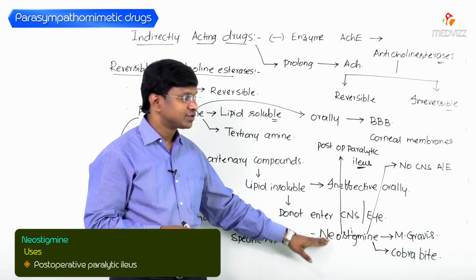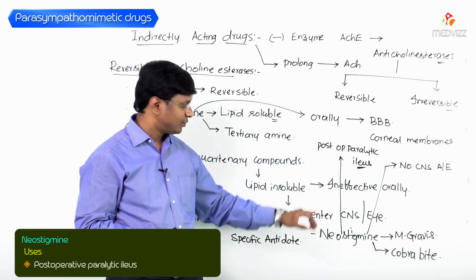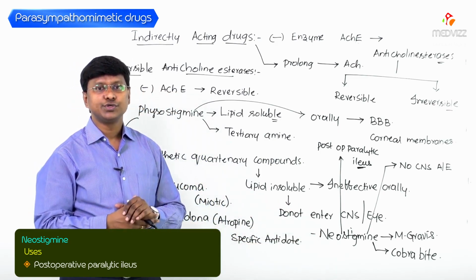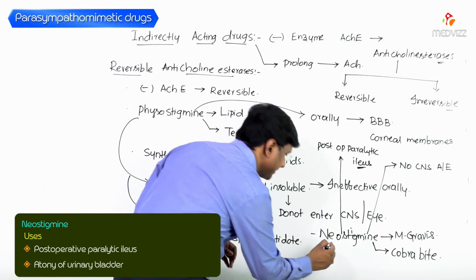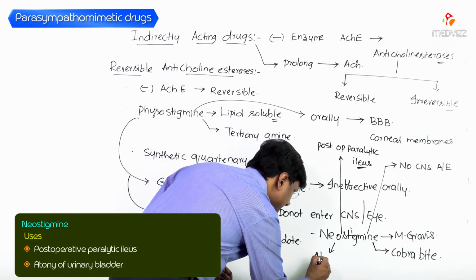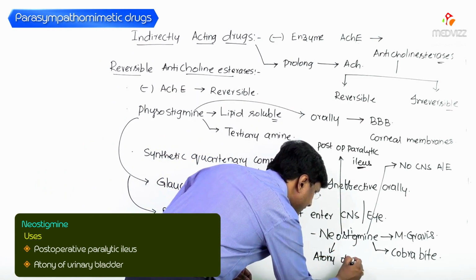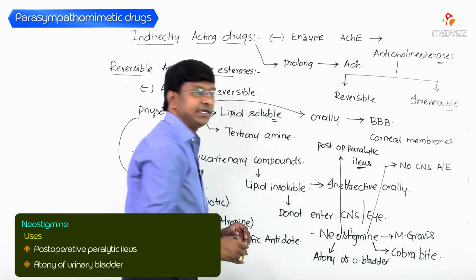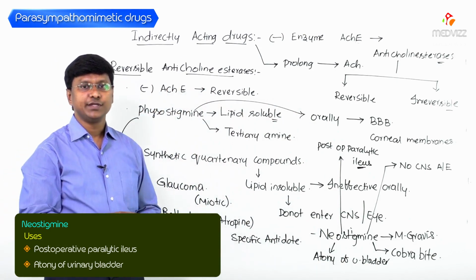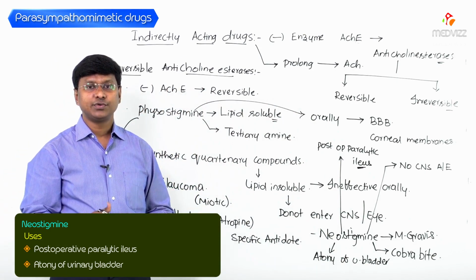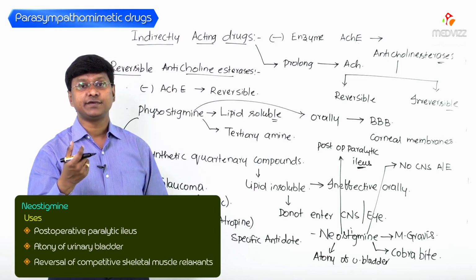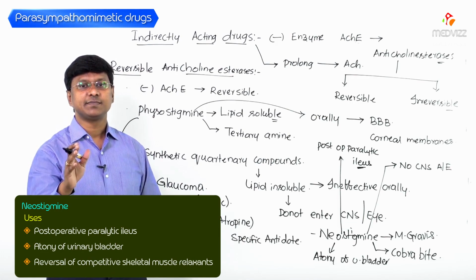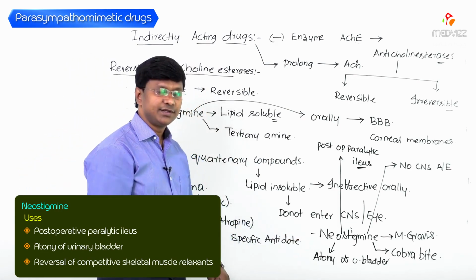So in order to reduce that post-operative paralytic ileus, we can give Neostigmine. Neostigmine is also used in atony of the urinary bladder, and even in the reversal of competitive skeletal muscle relaxants.